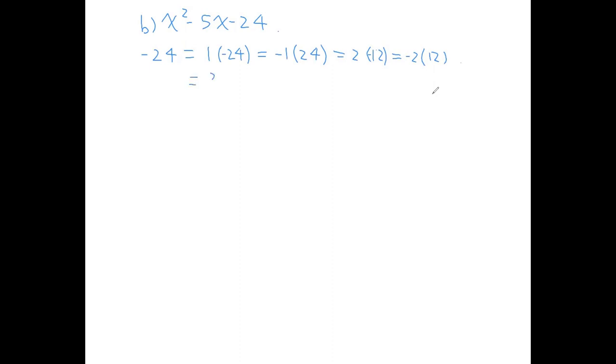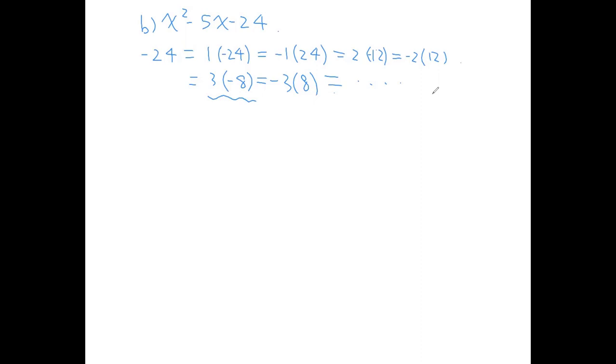or 3 times -8, or -3 times +8. And you can stop here, because we already know the sum of these two numbers is -5. So when you factor this -24, you keep checking, do we get -5? And yes.